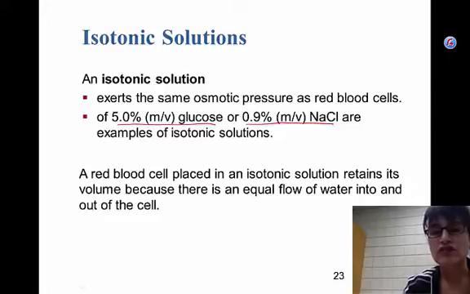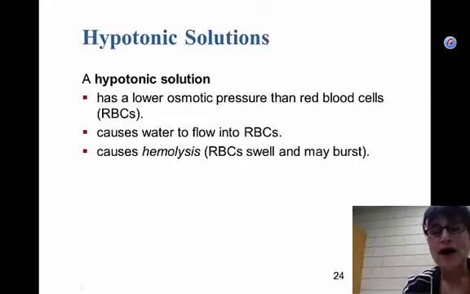Those are both isotonic. A hypotonic solution has a lower osmotic pressure than the red blood cells. So that means water is going to flow into the red blood cell, more water coming in than going out. That means the cells may swell up and eventually burst, and that condition is called hemolysis.